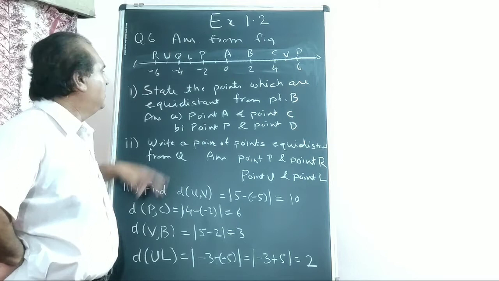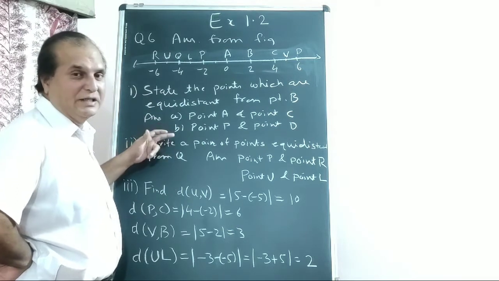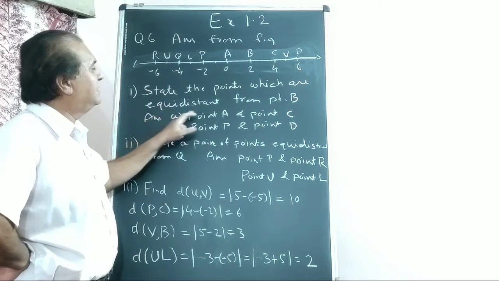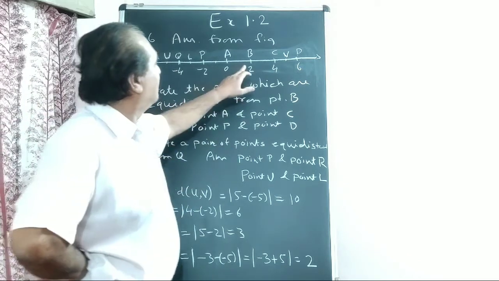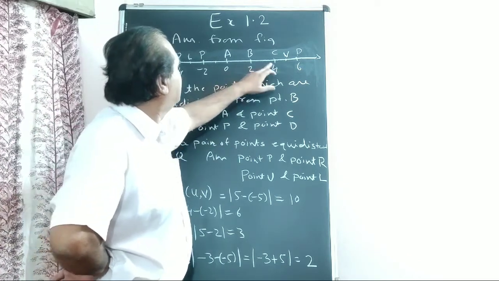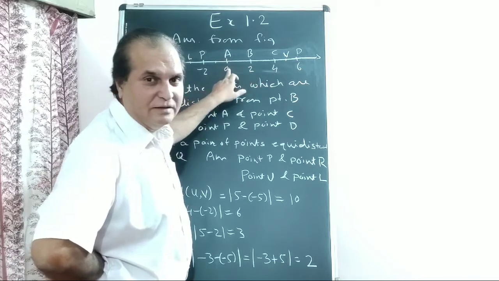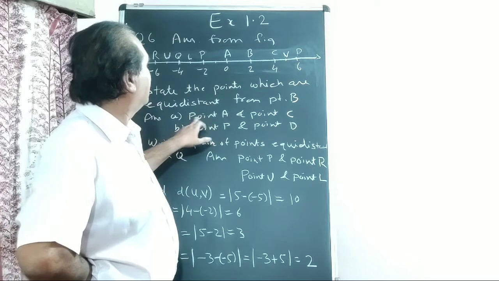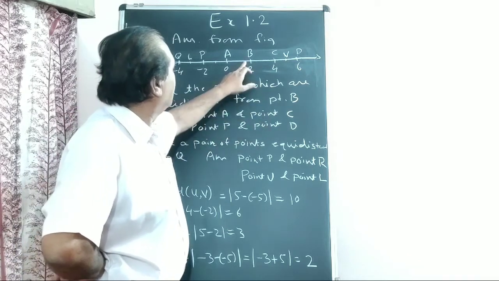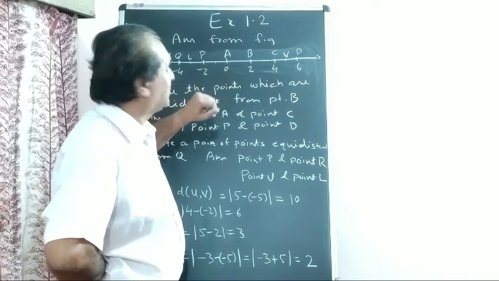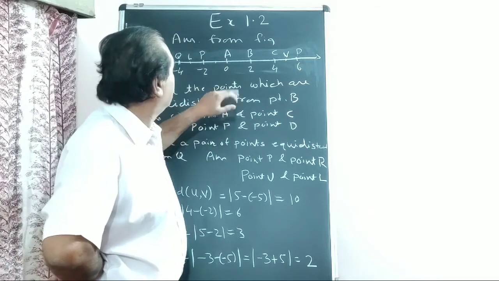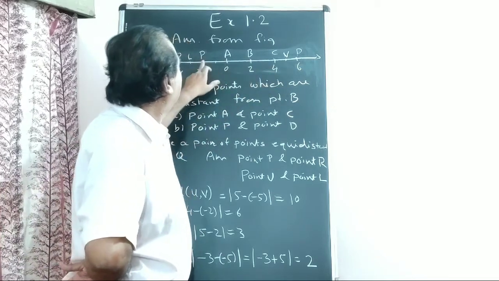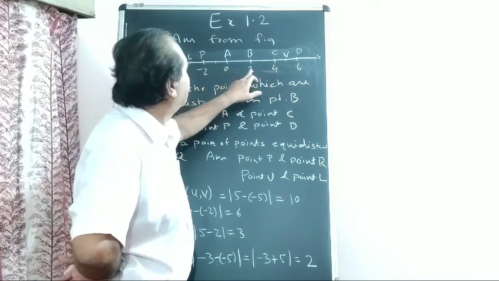Now state the points. Question: which are equidistant, at equal distance, from point B? From point B, C and A are at equal distance. So the first answer you can write is point A and point C. For V, no corresponding point is given. Then D and P are both at distance 4.